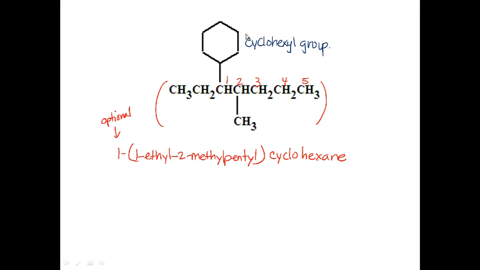And I would say that in this case, my longest continuous carbon chain, I'm going to look at this as an alkane. And so another possible name I could use would be 3-cyclohexyl-4-methyl heptane.